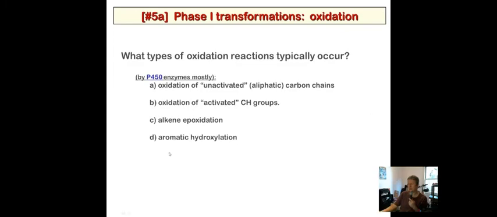Aromatic hydroxylation, we can attach hydroxy groups directly to benzenes. And then getting into the FMO enzymes, the P450s are usually oxidizing, we'll say, carbons, and then FMO will directly oxidize things like nitrogen and sulfur. So this can be a little different.